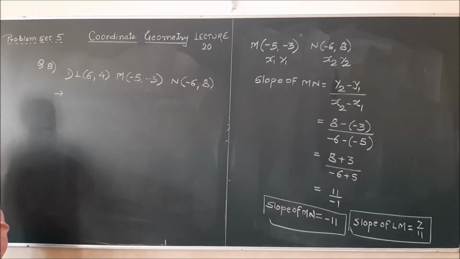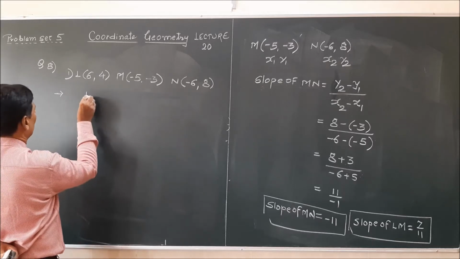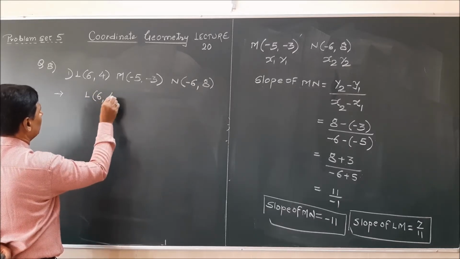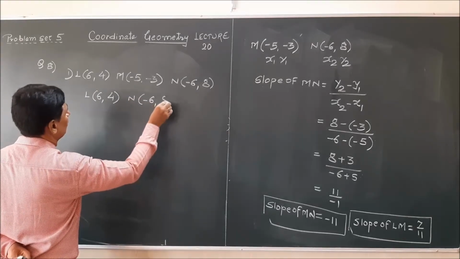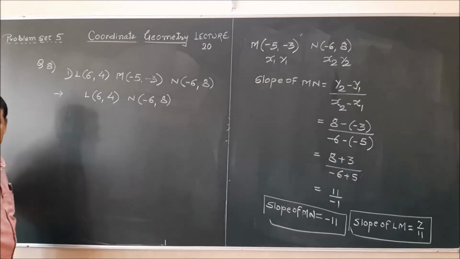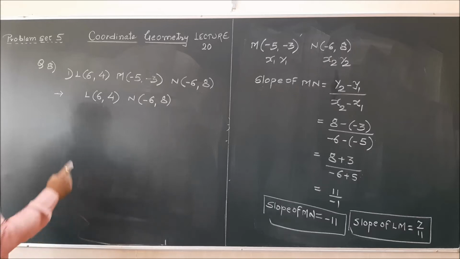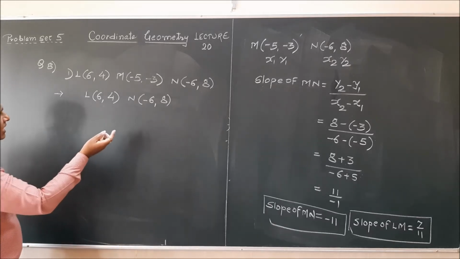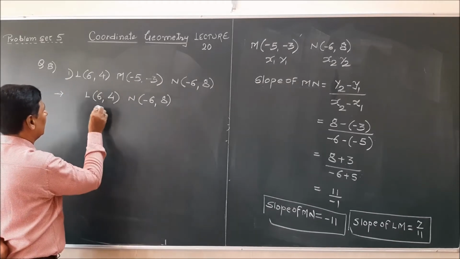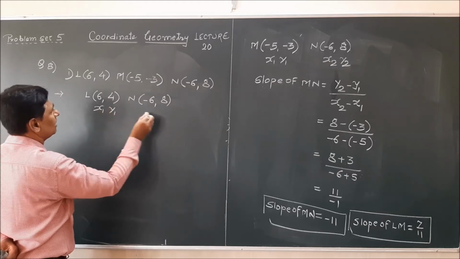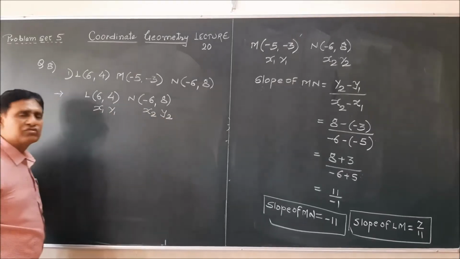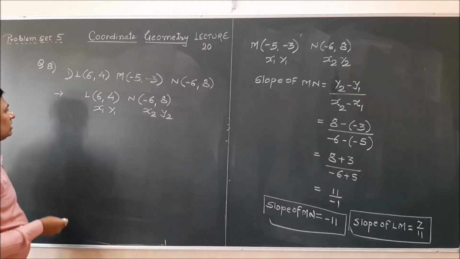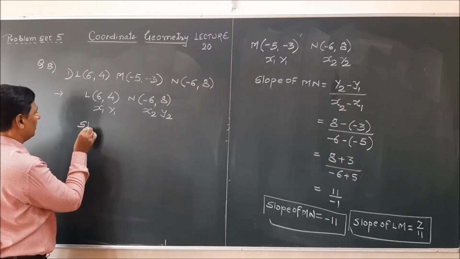So the coordinates of L are 6 comma 4, and the coordinates of N are minus 6 comma 8. L is x1, y1, while N is x2, y2. Now slope of LN.